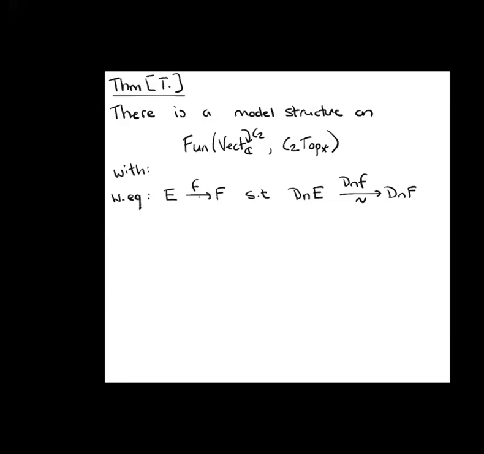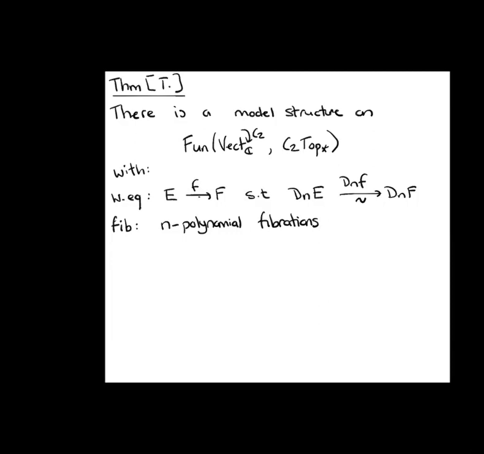So the fibrations of this model structure are exactly the ones for the n-polynomial model structure before. So if you know much about model categories, this tells you exactly how we got this. It's the right Bousfield localization.